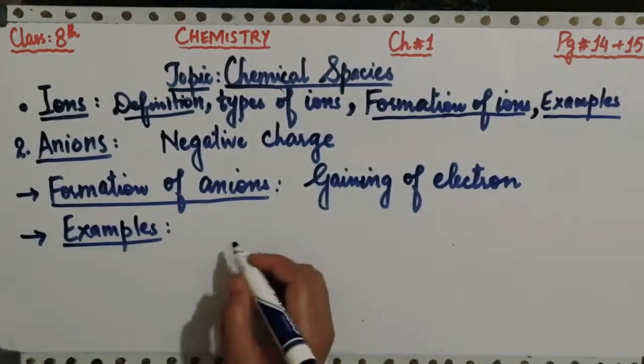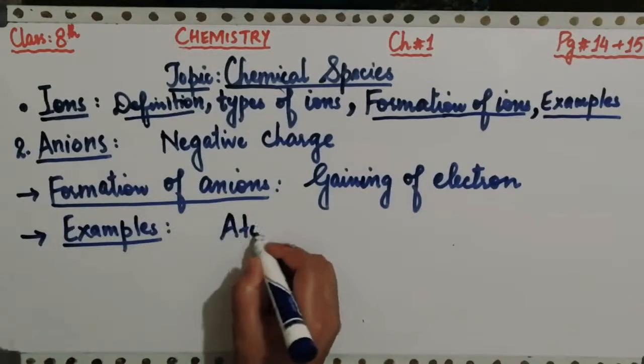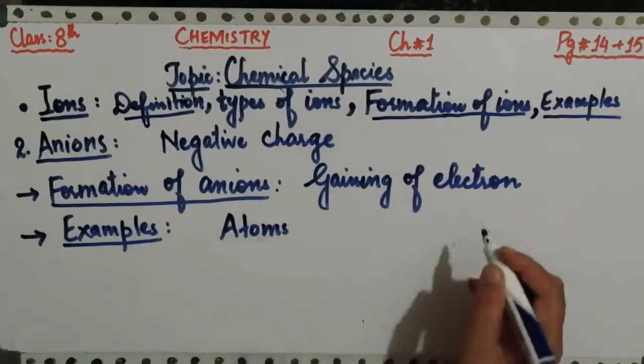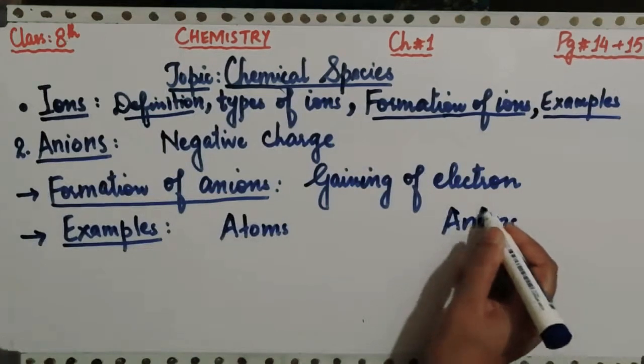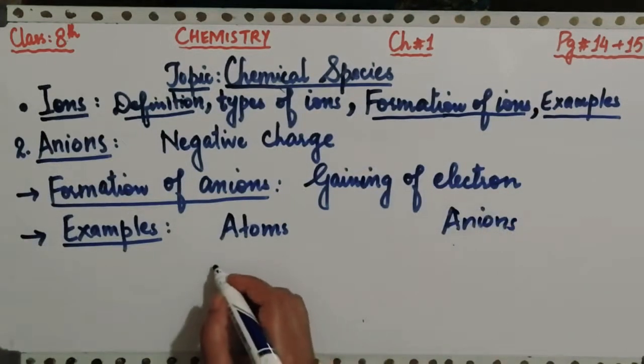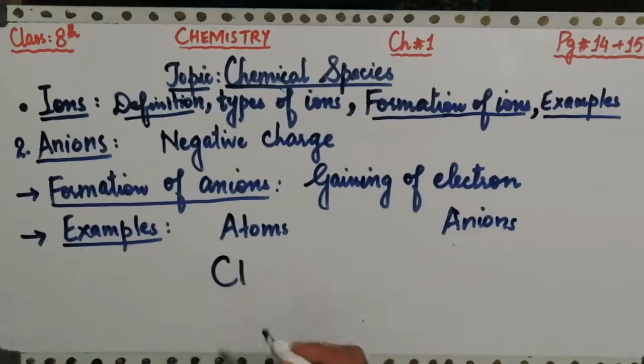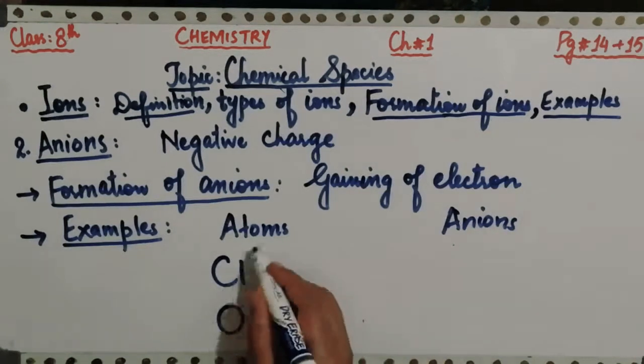Starting from atoms, you will divide the category, formation of anions. So on one side you will write the chlorine atom, or you can also write the oxygen atom.